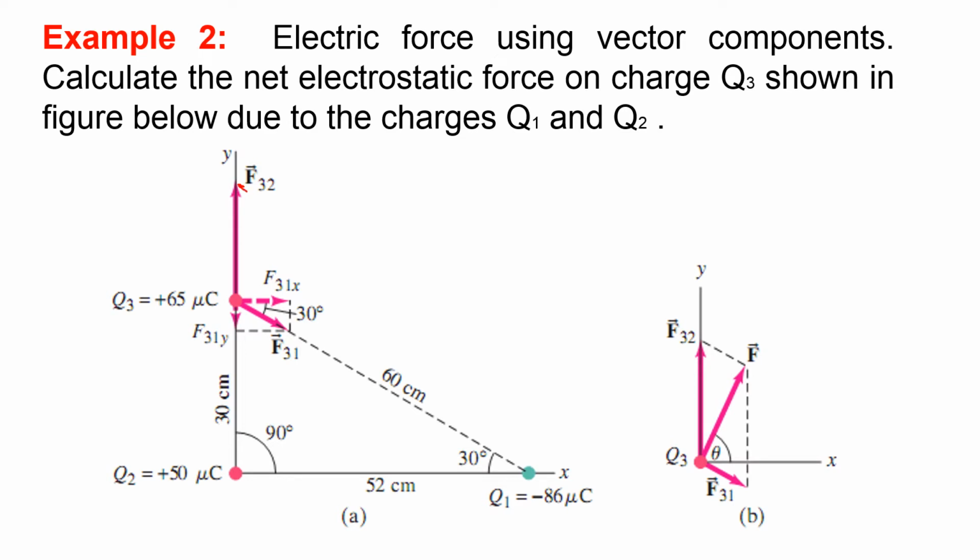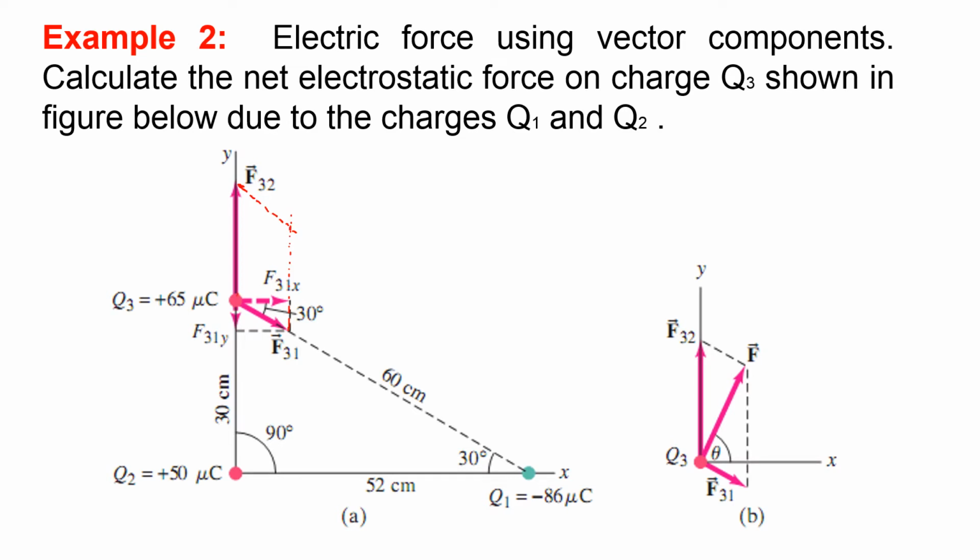We plot a parallel to the force F31 starting from the tip of the force F32. From the tip of vector F31, we plot a parallel to F32, and where these two lines meet is the tip of the resultant vector.